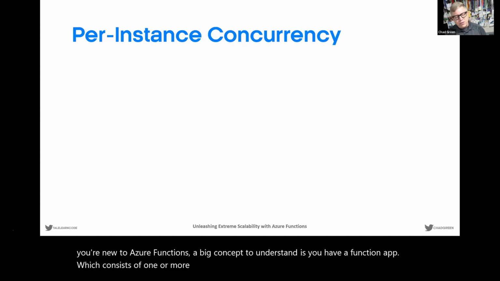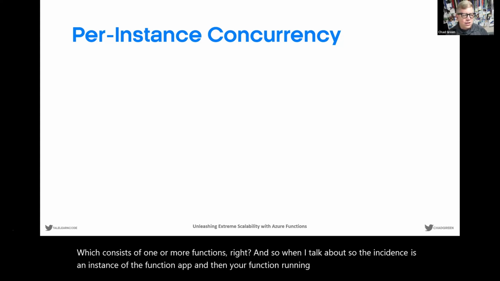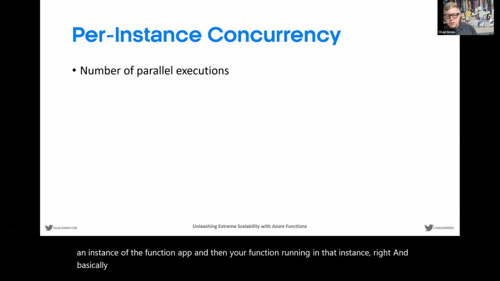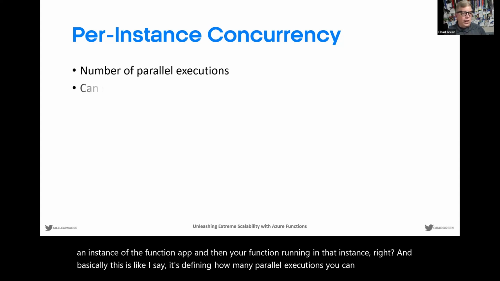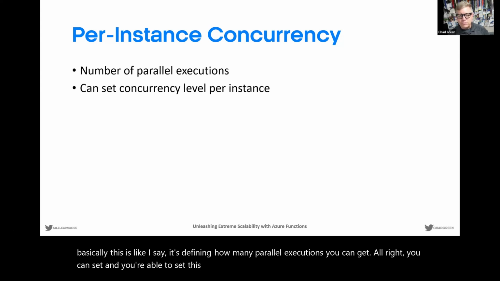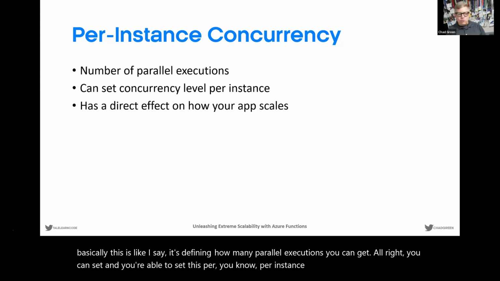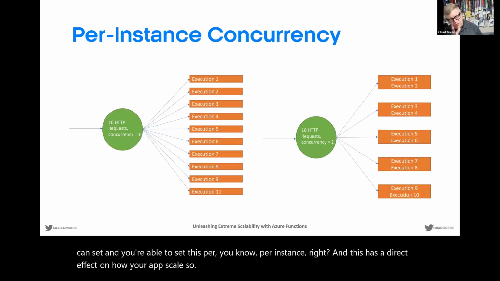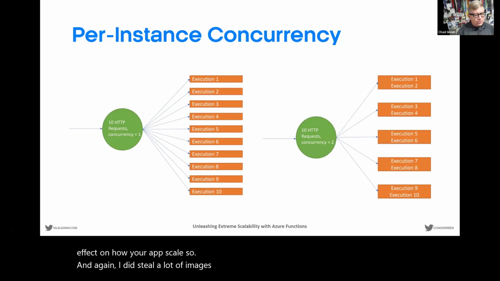The instance is an instance of the function app, and then your functions run in that instance. Basically, this defines how many parallel executions you can get. You're able to set this per instance, and this has a direct effect on how your app scales. And again, I did steal a lot of images from the documentation because Microsoft has done a really good job of this.